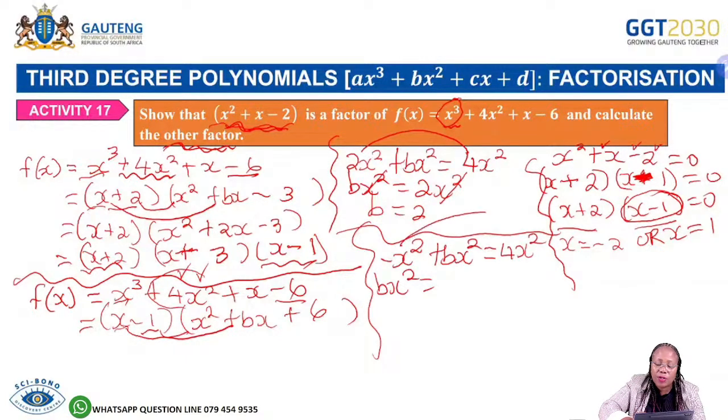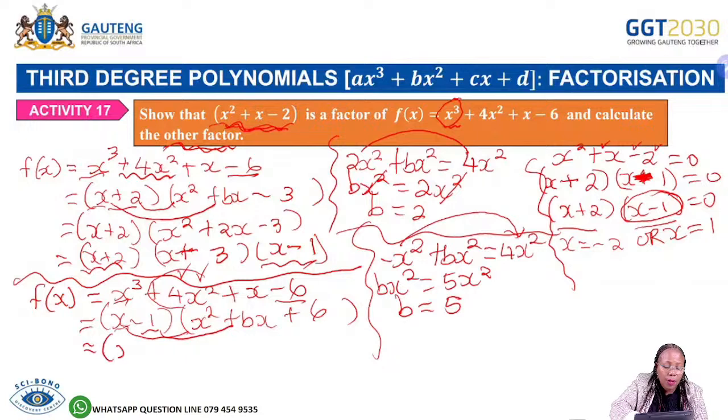This minus x squared, when it comes to this side, it will be positive. Then it's 4x squared plus x squared, which is 5x squared. Then b is equal to 5. So we bring b to our factorization, or the trinomial factor. That will be x squared plus 5x plus 6.